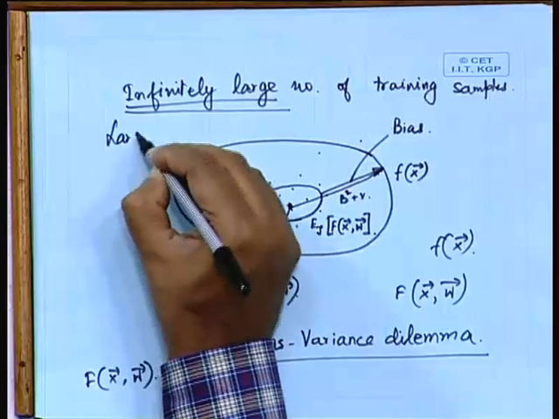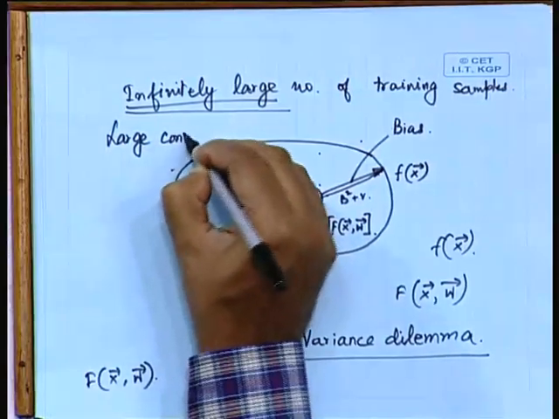Now, if we introduce infinitely large number of training samples, that would inevitably mean that our convergence time will be very large. So, if you want to avoid bias variance dilemma, then you have to accept a large convergence time with the network.